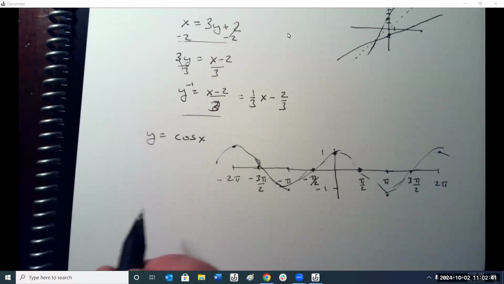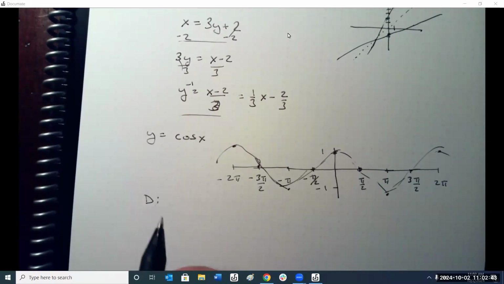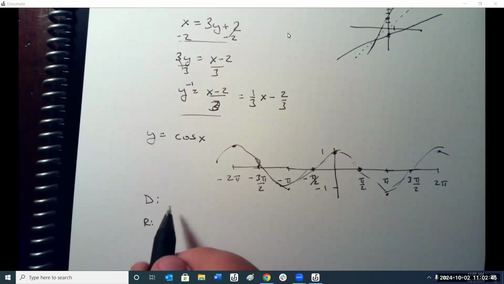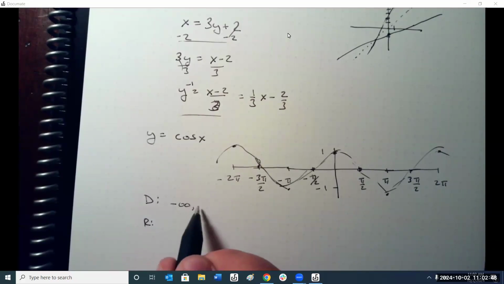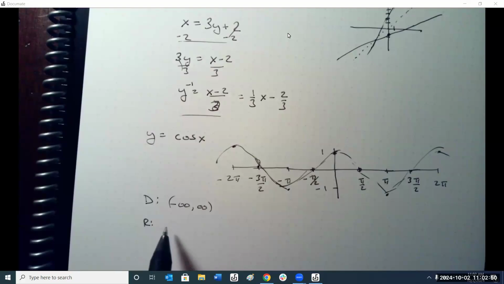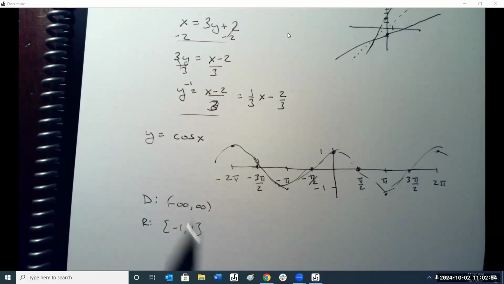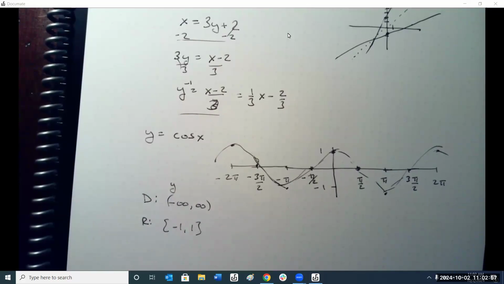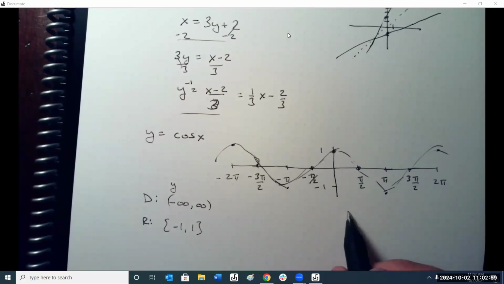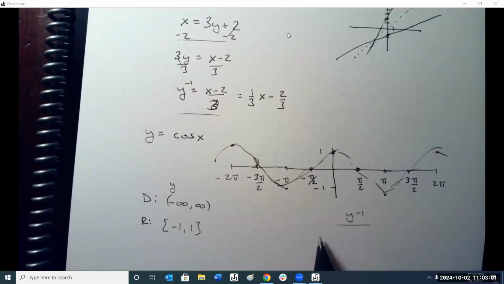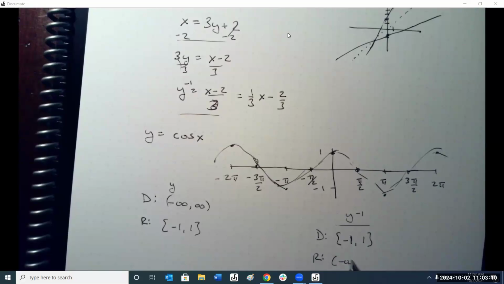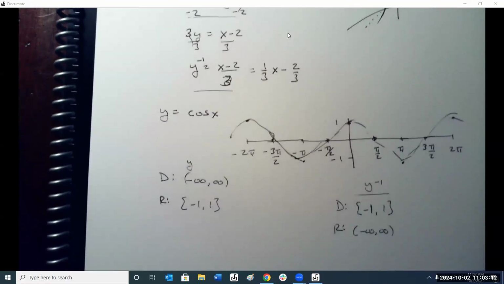So the domain and the range. Domain is all real numbers, and the range is from negative 1 to 1. That's for our function. But for the inverse function, the domain and range change, because remember, we switched x and y.